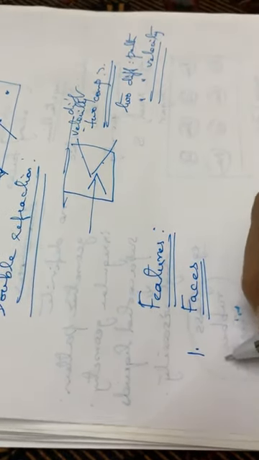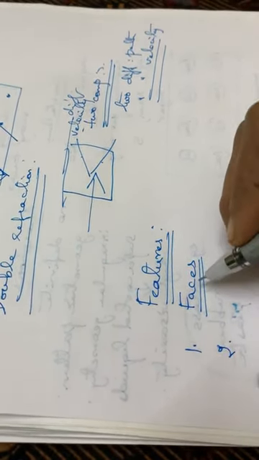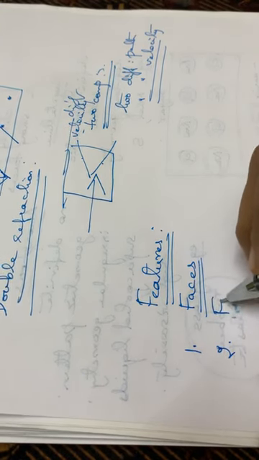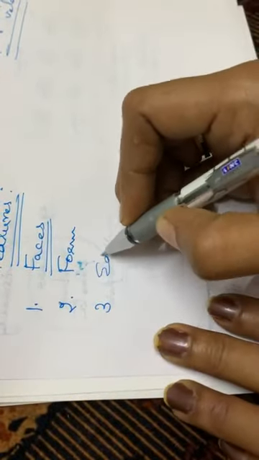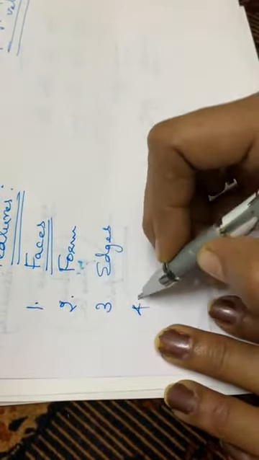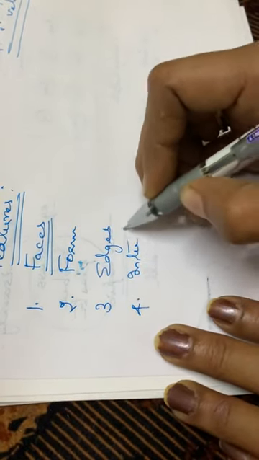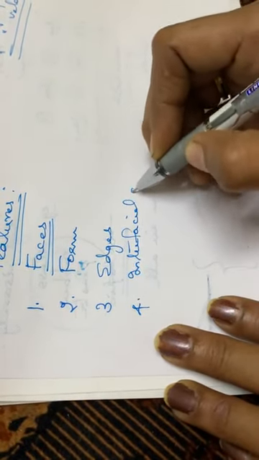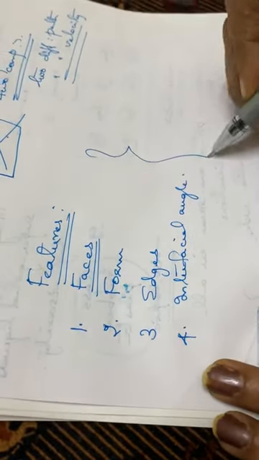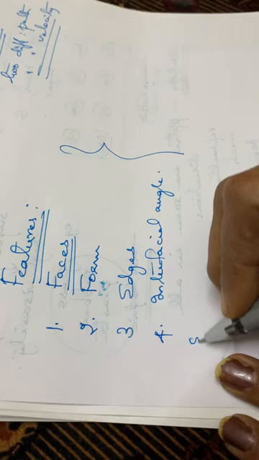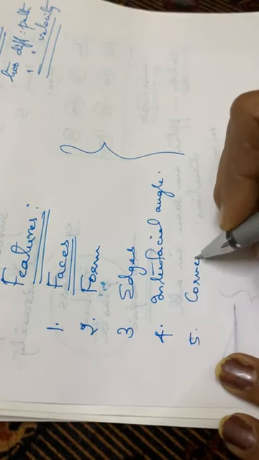Mainly we are going through a few points: the first one is faces, then another term, form, then the third is edges, then the fourth is the interfacial angle. These are some of the important features of a crystal. Then again corners are there.